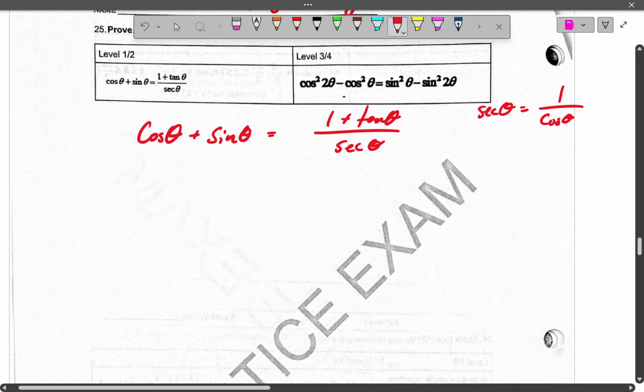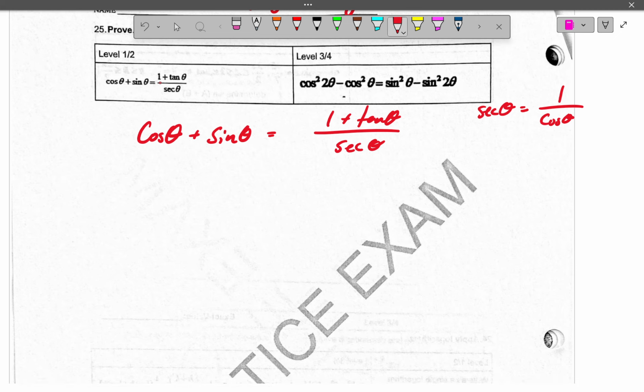So I'm going to divide by cosine, because I see that I have a 1 here. So if I divide both by cosine theta, I already see that I get close to what we have on the top here. I get 1 from this term, cosine divided by cosine is 1, plus sine divided by cosine is tangent theta. Still supposed to be equal to 1 plus tan theta.